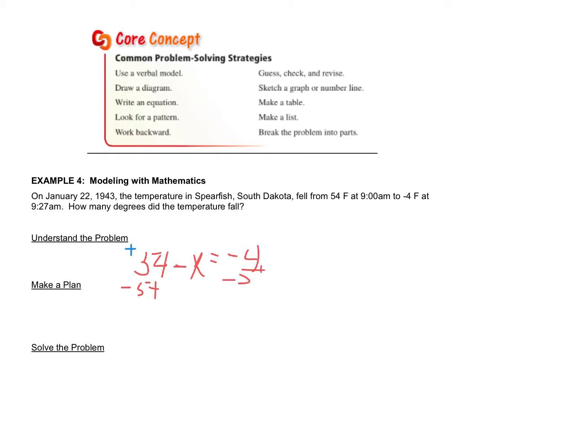And this example is a good one to make sure that you don't fall into that trap, okay? Minus x is affecting the x, not the 54. So you don't want to say, oh, add 54. You're taking away 54 and putting it over on the right.